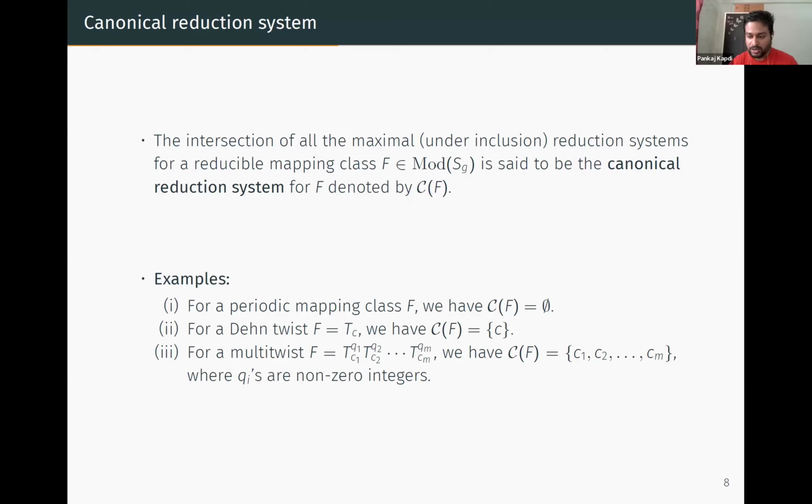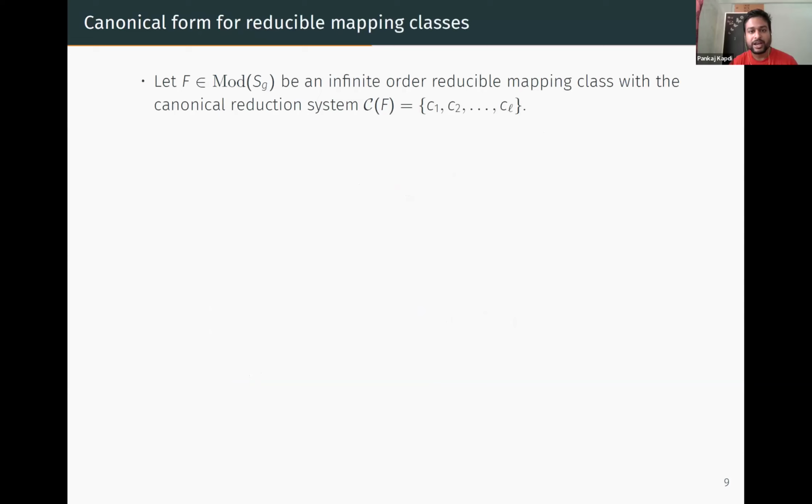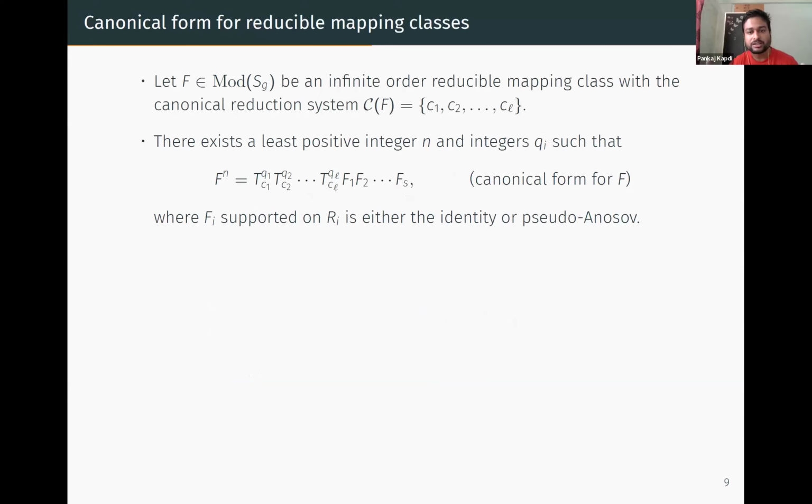So how can we use this canonical reduction system to understand reducible mapping classes of infinite order? You cut the surface along these curves of the canonical reduction system.